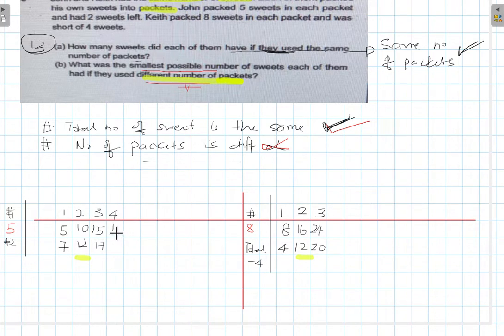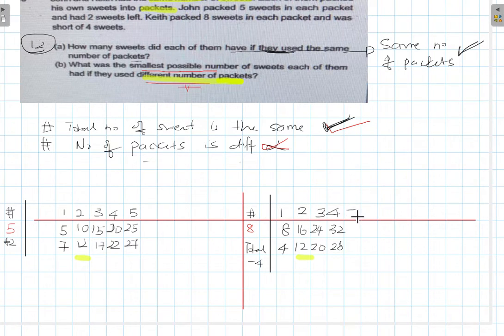Here is 20, add 2 will be 22. Then here I come to the fourth one will be 32. So you see 8, 16, 24, 32 is all your 8 times table. Minus 4 will be 28. Then I come back here. Will be 25 plus 2, 27.